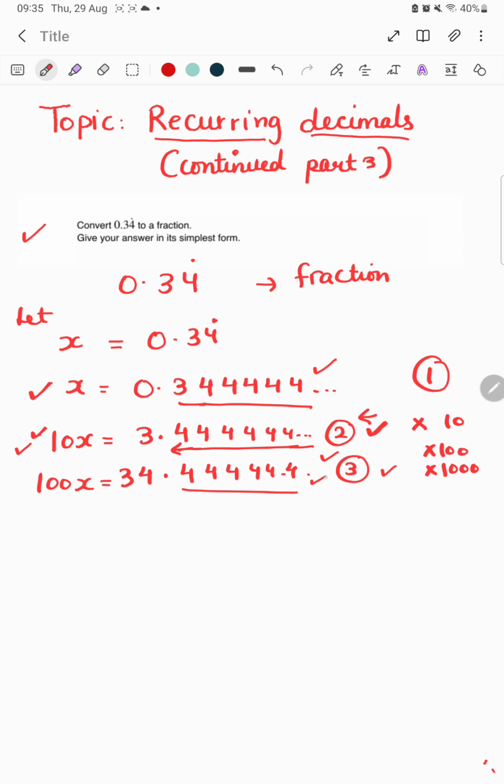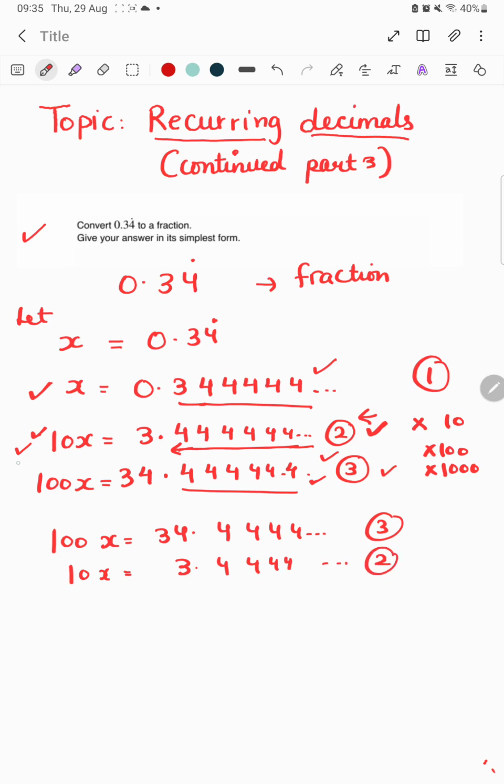Once you find the decimal parts of two equations the same, you can write them down again: 100x is equal to 34.444 and so on, and the second equation is 10x, that is equal to 3.444. Now subtract these two.